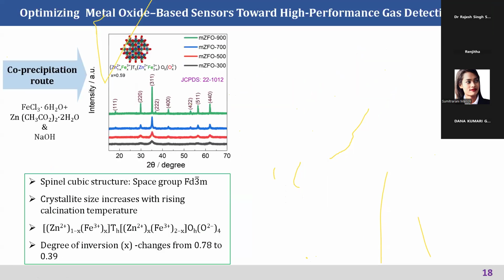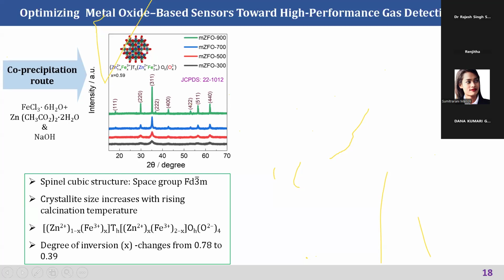So what do we do? We prepare this compound first. We can prepare the compound by a chemical method called the co-precipitation method. This is a chemical reaction where a chloride and acetate undergo a reaction at different temperatures.